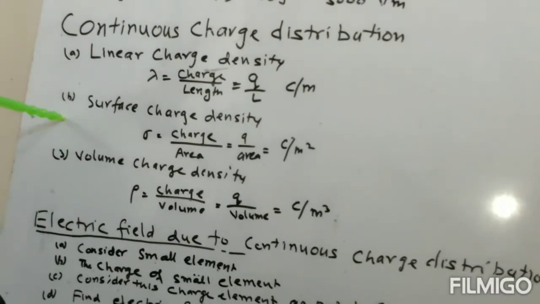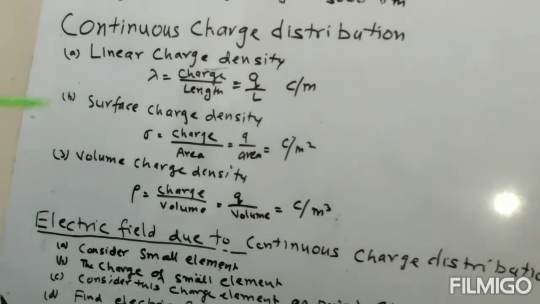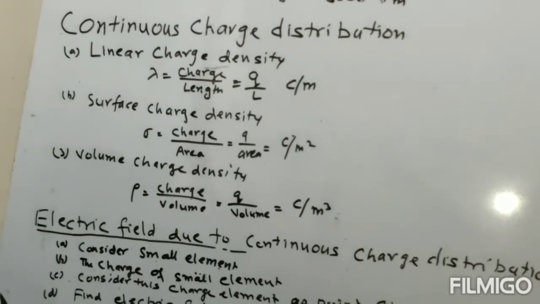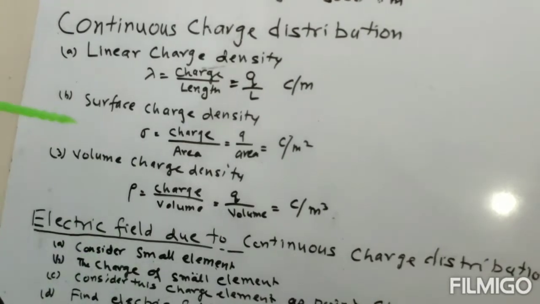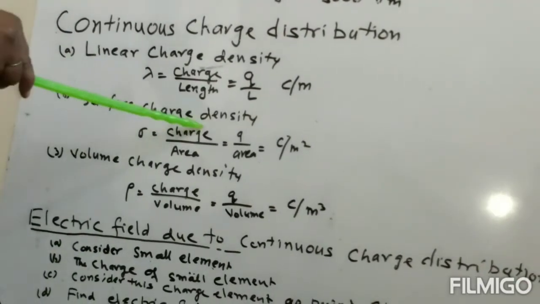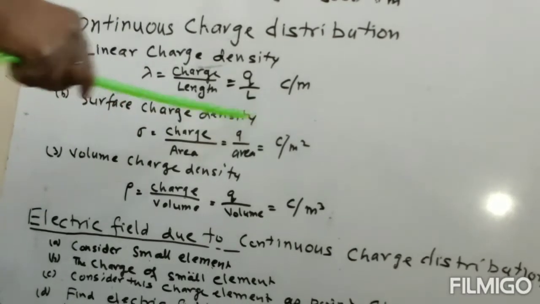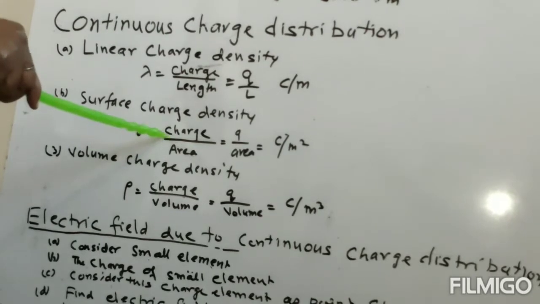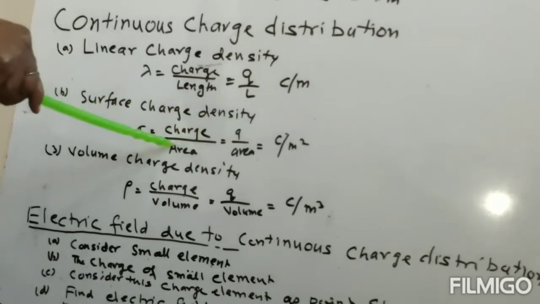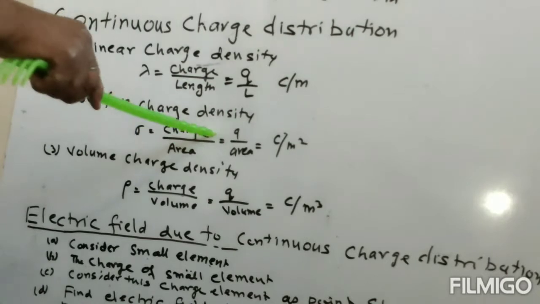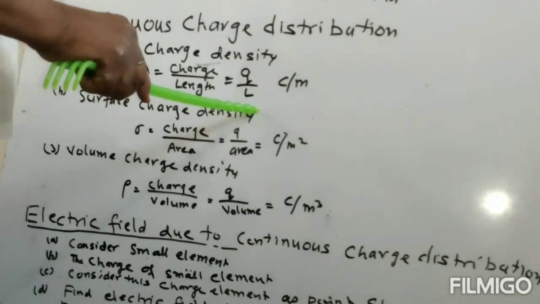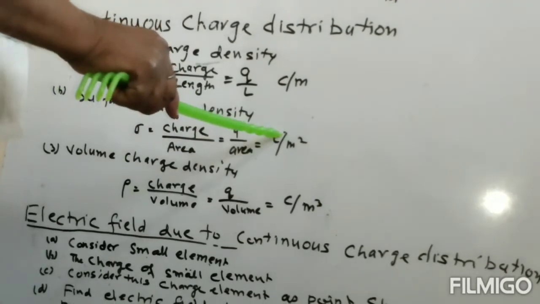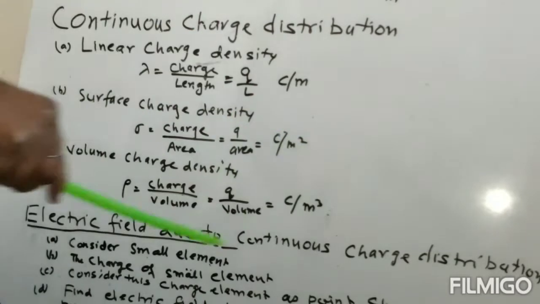Second, if the conductor is in the form of a plate, or it is in two dimensions, then surface charge density will be sigma, which is equal to total charge on the plate divided by the area. So its unit will be coulomb per meter square.